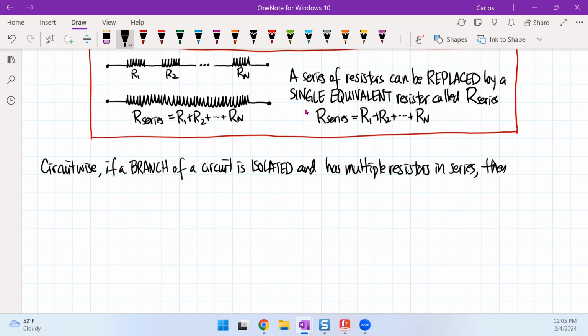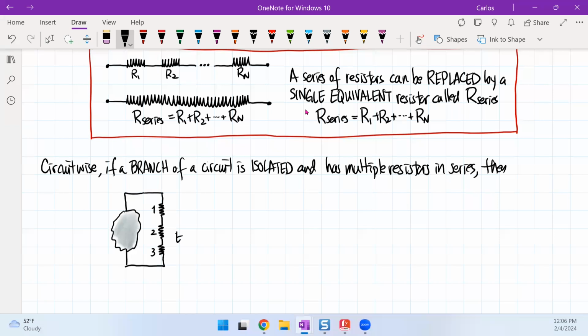So I could imagine that I have something like this, and let's say that I only have 3 resistors here. But if I do this, you could imagine that I have some complicated circuit here, right? I've been able to isolate this branch from the rest of the circuit. So I could call this resistor 1, 2, 3.